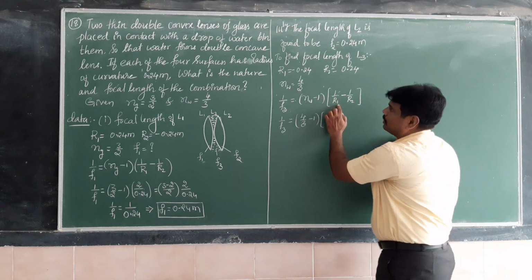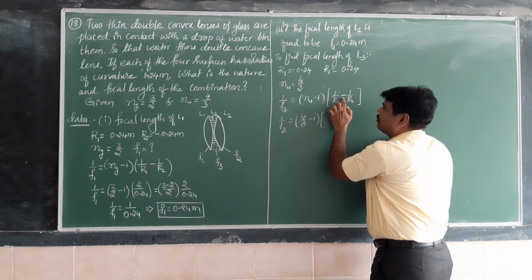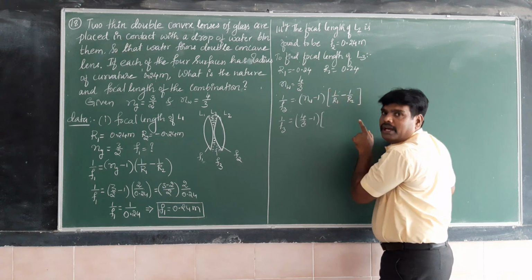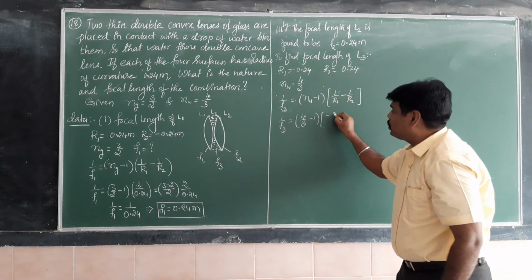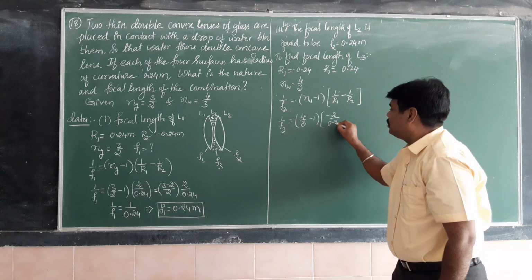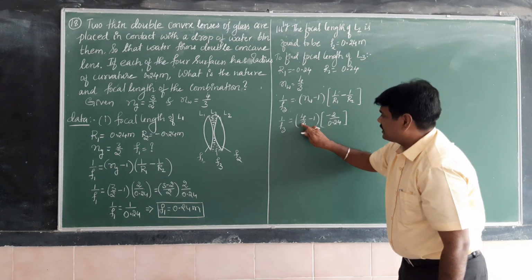Now 1 by R1 is minus, so minus 1 by R1 only you have to take, or minus 1 by R minus 1 by R. It will become minus 2 by R. What is the value of R here? 0.24 meter. So simplify this one in the next step.